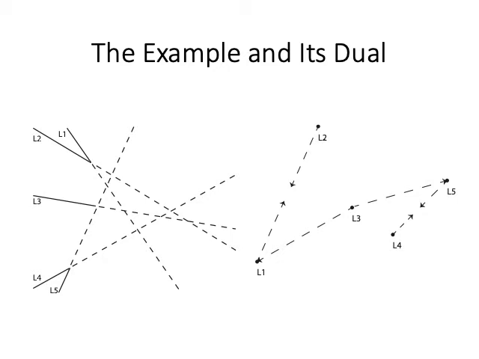Similarly, L4 and L5 form another ready pair, and their upper and lower hands point at each other. L3 is alone. Its upper hand points at L5, its lower hand points at L1.